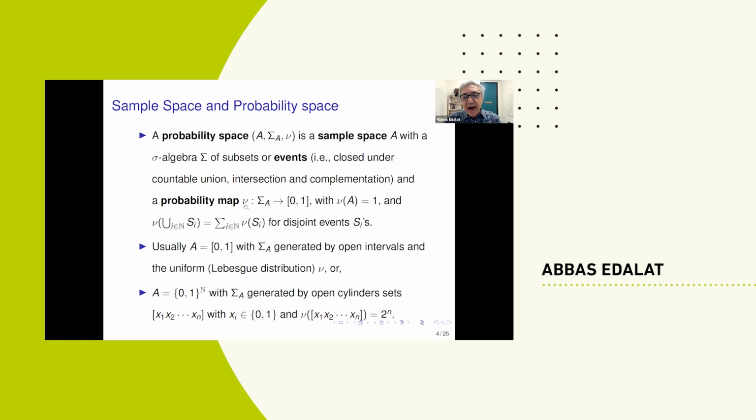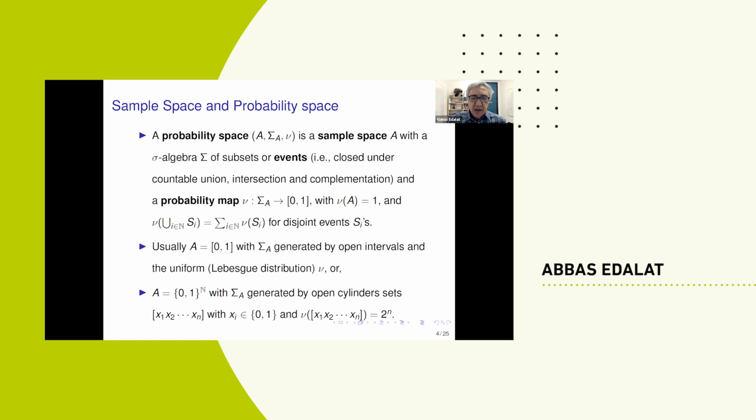And there's a probability map, nu, from this set of events to [0, 1], such that the whole space has got mass 1, weight 1, probability 1. And the probability map is sigma additive, which means that for a finite or a collection of countable disjoint sets, S_i, the probability of the union of these disjoint sets is just the sum of the corresponding probabilities. So very, very basic axiomatization of probability theory.